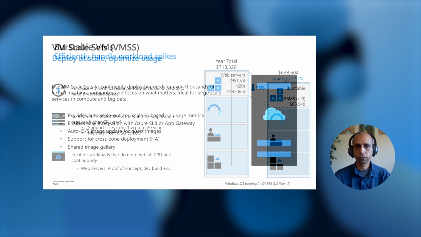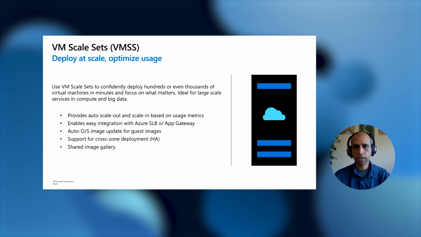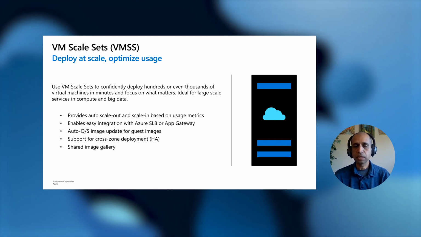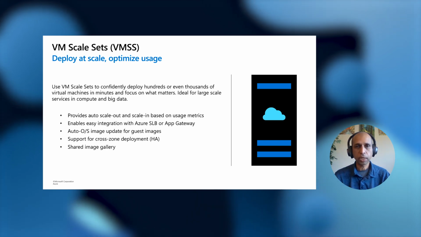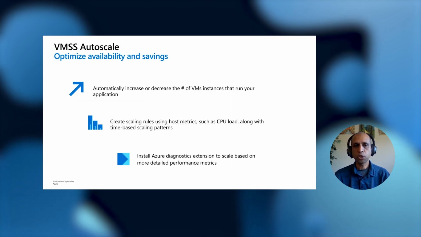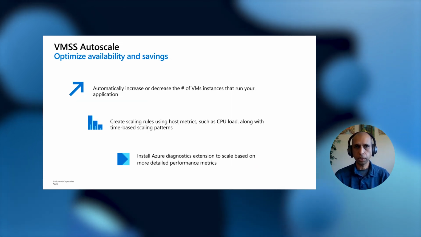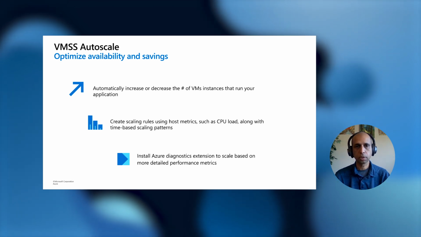Next, I'd like to talk about virtual machine scale sets, or VMSS. VMSS is designed to exploit the elasticity of the cloud. With VMSS, you can confidently deploy hundreds or even thousands of virtual machines in minutes. VMSS is very well integrated with the entire Azure technology stack. Today, I'm going to talk about the autoscale capabilities and how you can use autoscale to lower your costs.